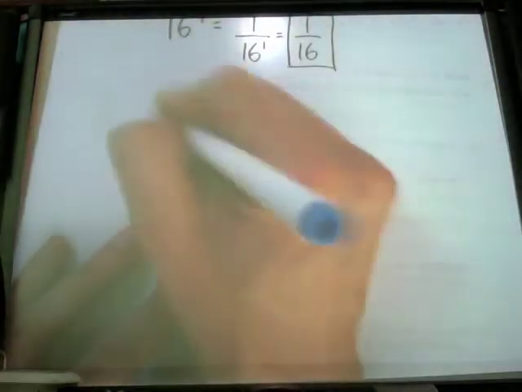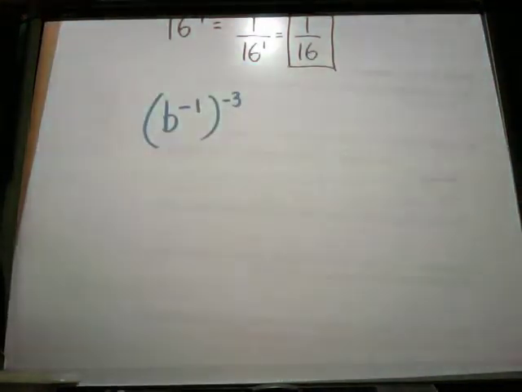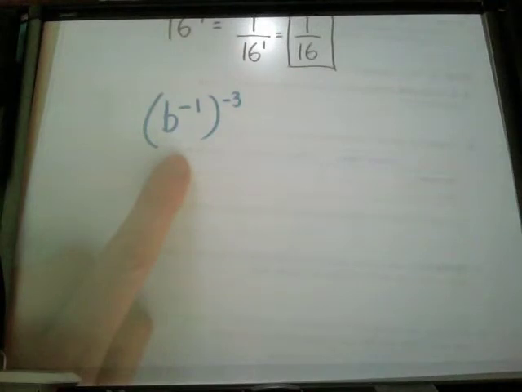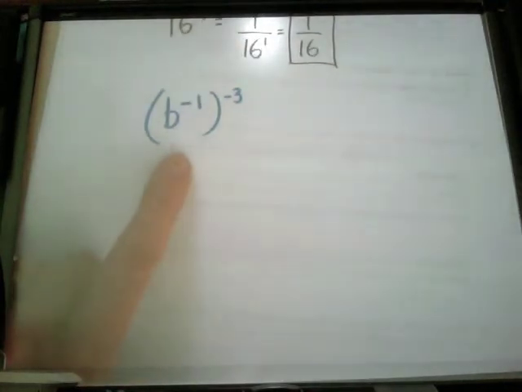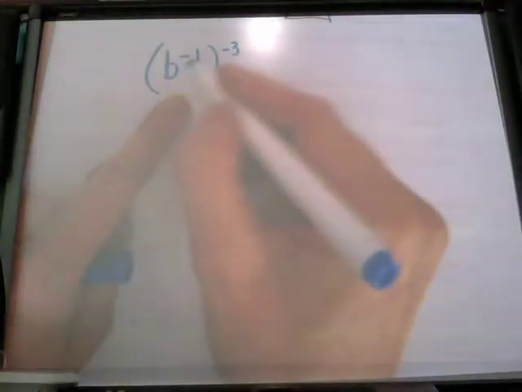So for example, b to the negative 1 raised to the negative 3. What I want you to do is to think, is there another exponent rule I could use first? Because let me just show you how this would get complicated. You don't need to write this down because this is not how I want you to solve it. If you first use the negative exponent rule, the first thing we would do is take this.